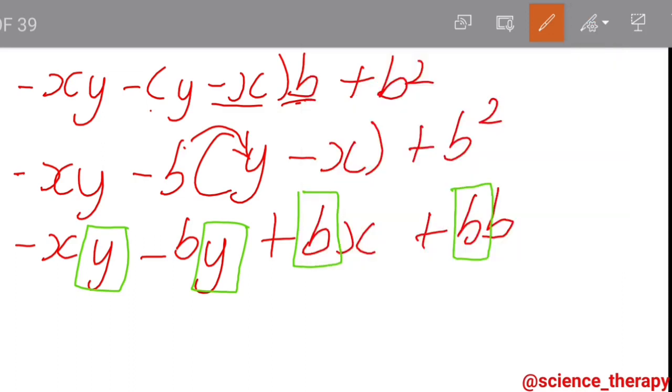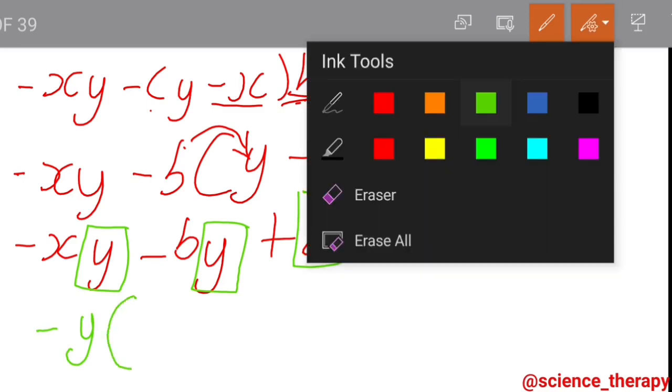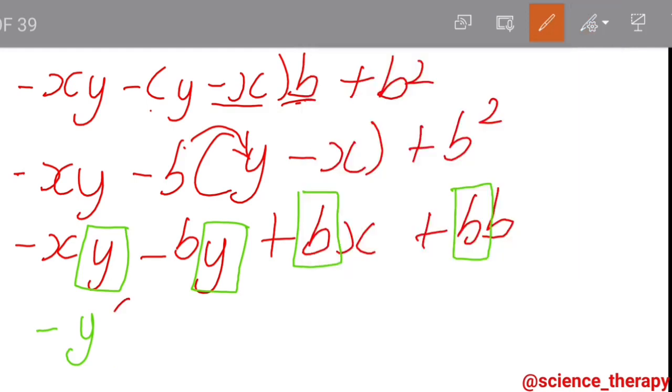Now let's factor out our common factors. For this one, we're going to have negative y, like that. And then we have x here. Now, since I've factored out a negative, what will happen to the sign? It needs to change.